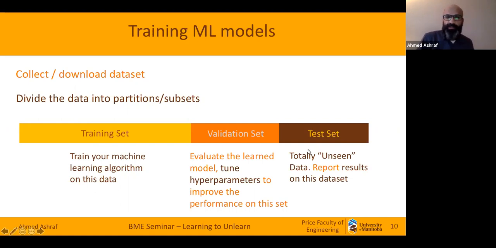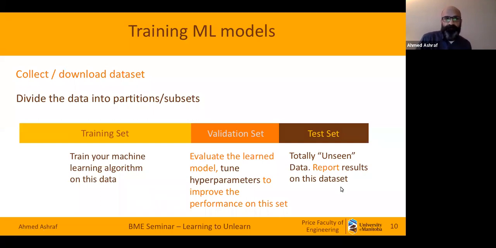But then the actual results, for example, if you're writing a paper, the actual results that you report are supposed to be on a totally unseen partition of the data set, which your algorithm has not seen during learning the model, and not even during tuning the parameters of the model. And that's called the test set.